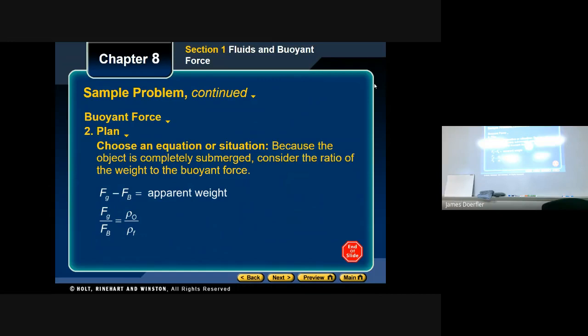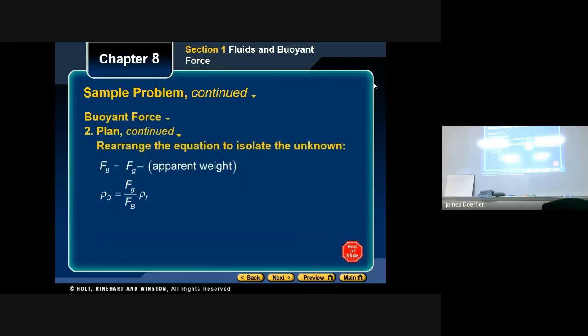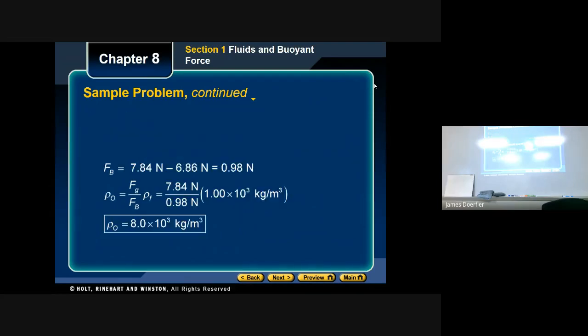Once we have that, we can move on to our next step, using that ratio equation to help us solve for the density of our object. So, to calculate buoyant force, we take the weight of the object, subtract our apparent weight, and we get our buoyant force of 0.98 newtons.